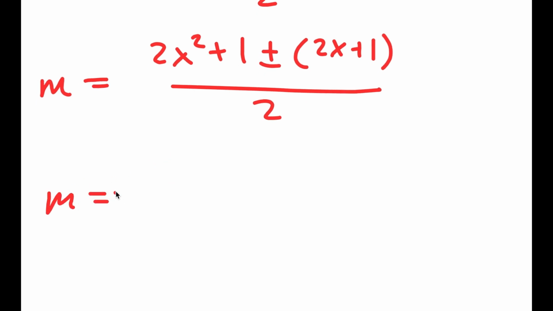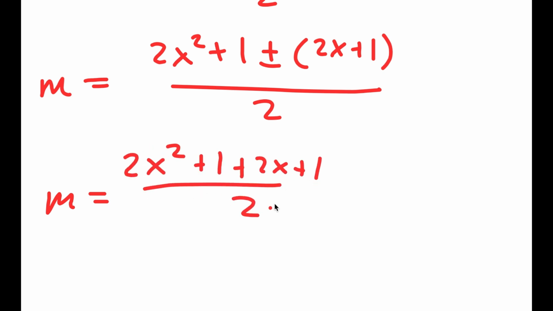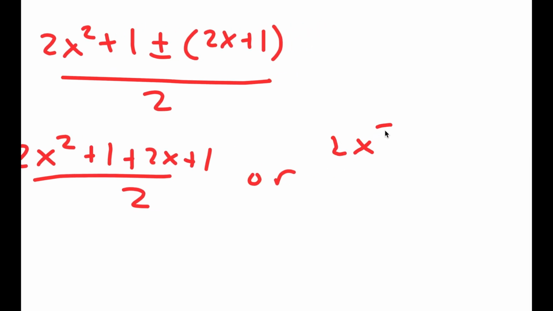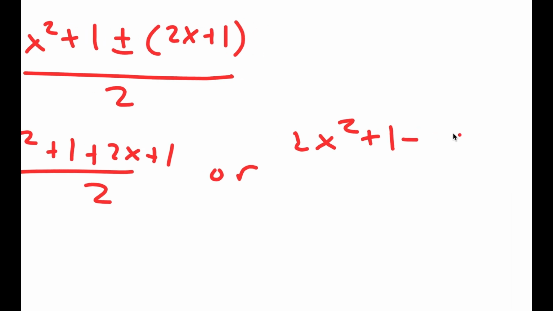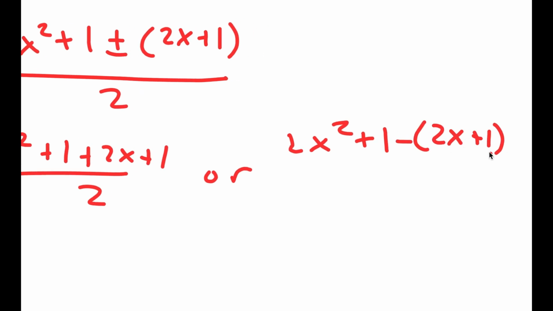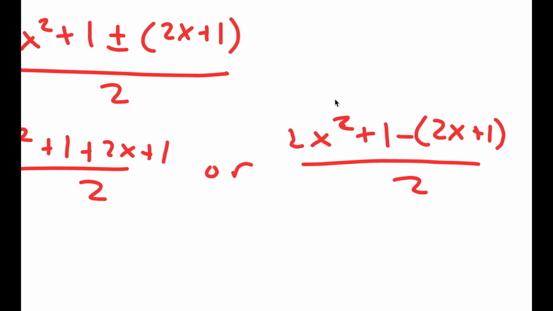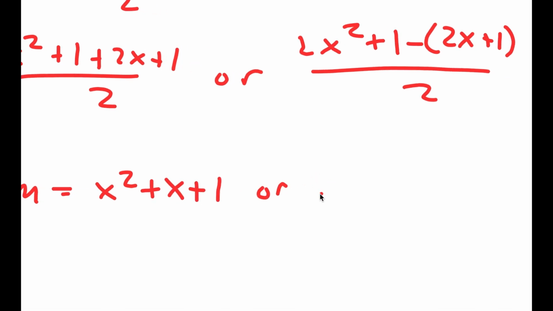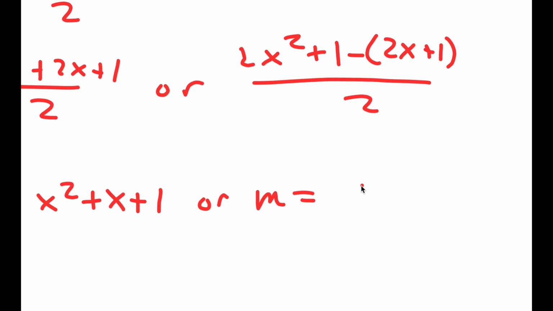I have m is equal to (2x squared plus 1 plus 2x plus 1) over 2, or it's equal to (2x squared plus 1 minus 2x plus 1) over 2. Meaning I have m is equal to x squared plus x plus 1, or m is equal to x squared minus x.